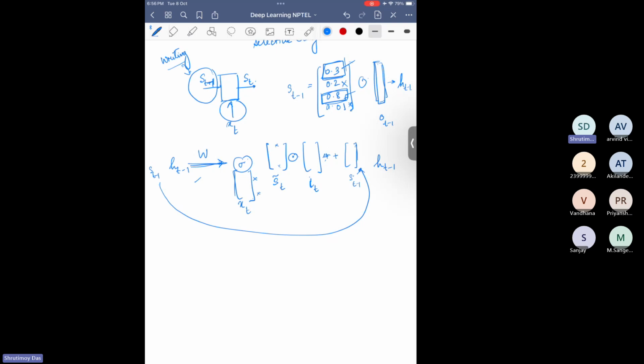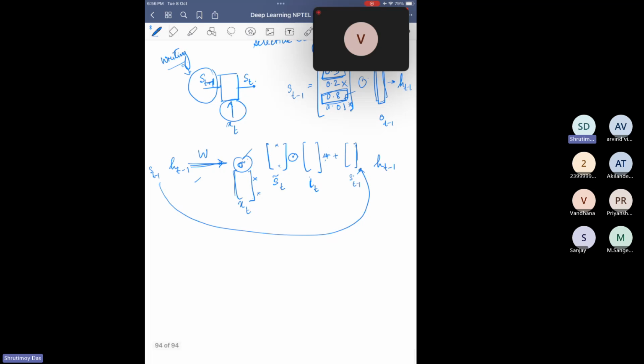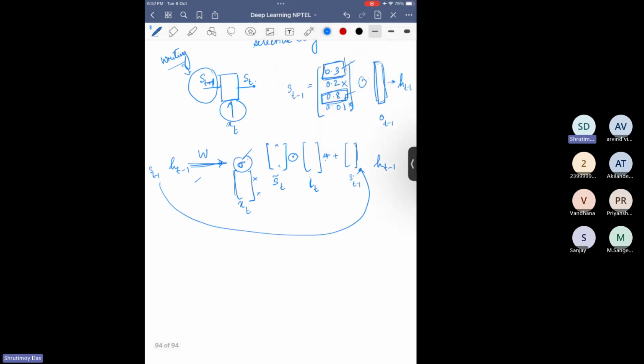This is your selective reading part here, because this sigma is an activation that you have. It gives okay positive or negative, and then you forget whatever you don't want and you keep whatever you want, and then pass that, this should be HT, that hidden state to the next layer.